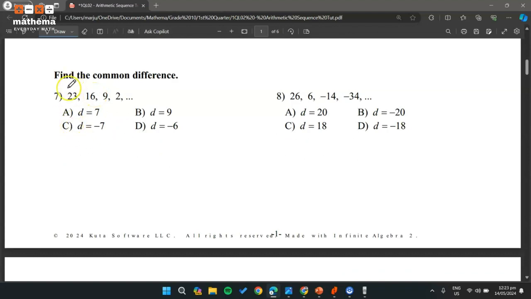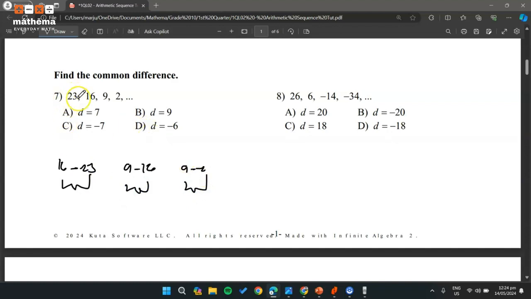We can do 16 minus 23, or 9 minus 16, or 9 minus 2. We don't need to do everything to find the common difference. We can actually do just this, or this, or this one.